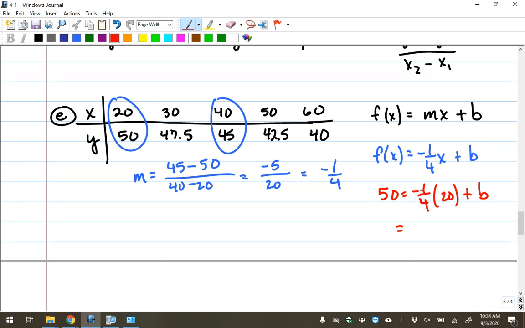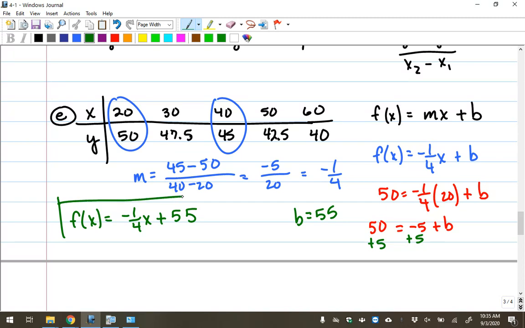Work that out. Negative 1/4 of 20 would be negative 5. And then we're going to add 5 to solve. So the y-intercept is 55. So the equation of that line, f of x, is equal to negative 1/4 x plus 55.